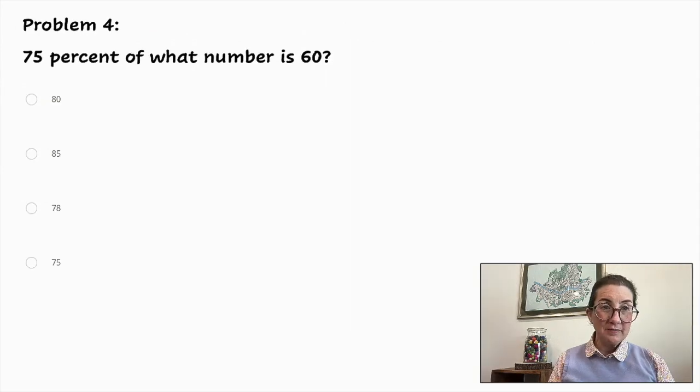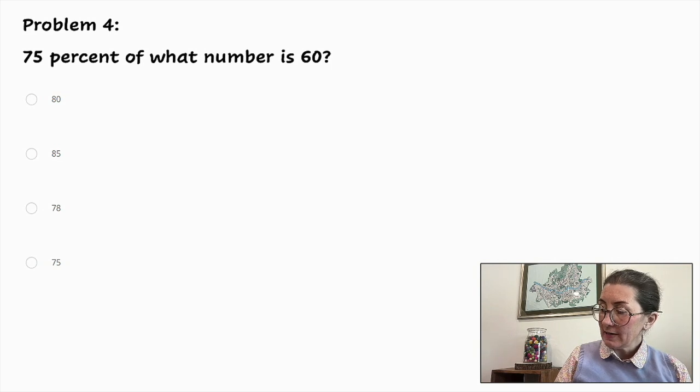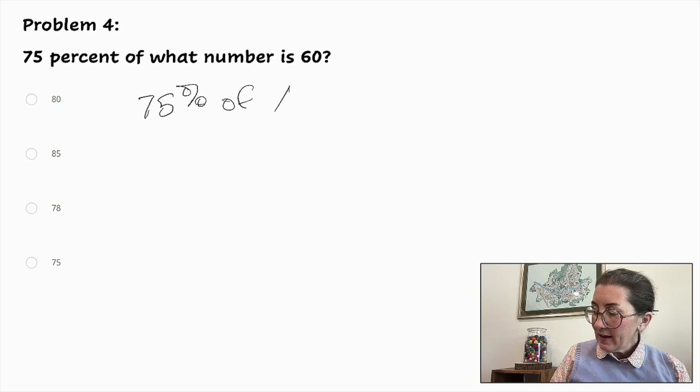Problem number 4. 75% of what number is 60? This is very similar to the previous question, and so we'll jump right in. So 75% of x is equal to 60.